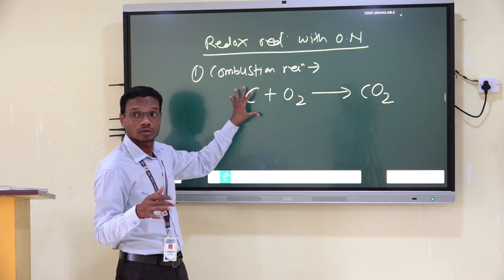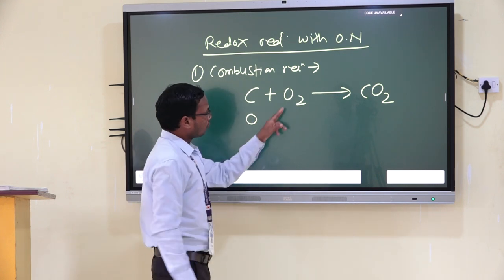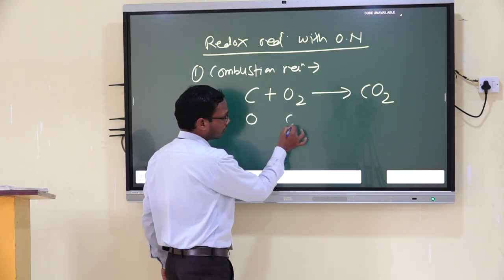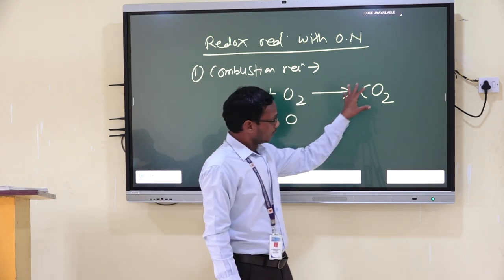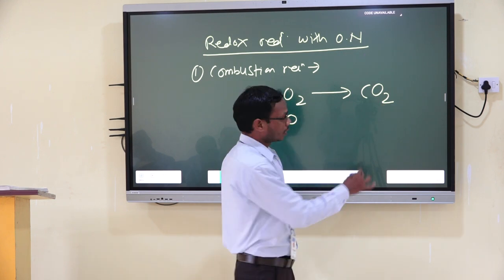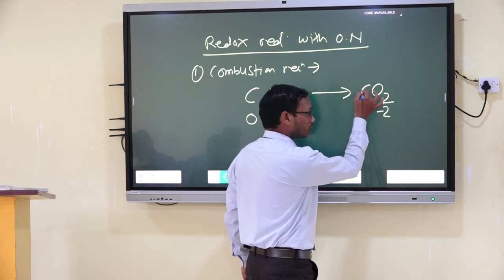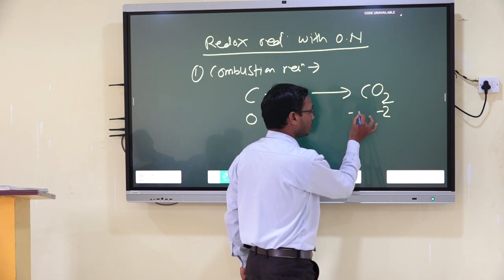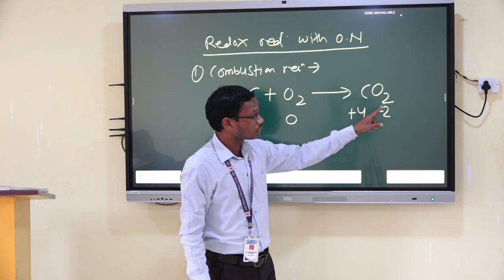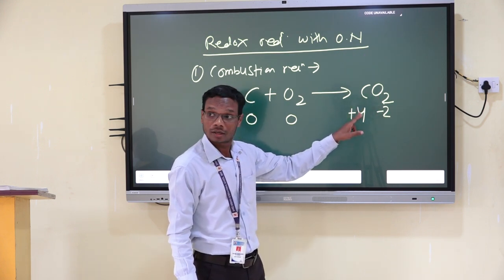It is a neutral, single element, that means it is 0. What is the oxidation number of oxygen? Again 0. But in this compound, what is the oxidation state of oxygen? -2. -2 times 2 is -4, that means the oxidation number of carbon is +4. If the oxidation number of oxygen is -2, then the oxidation number of carbon is +4.